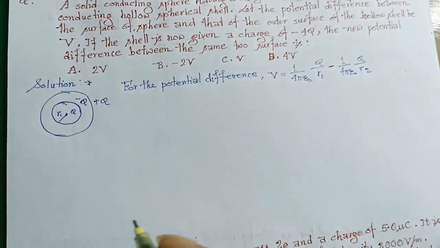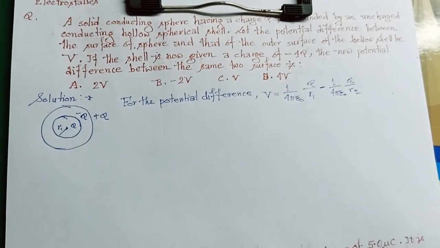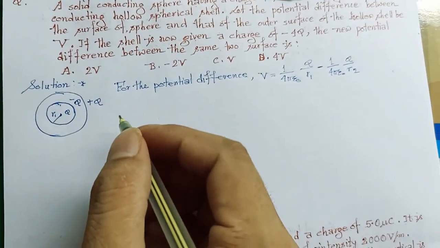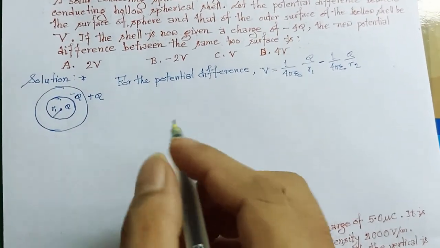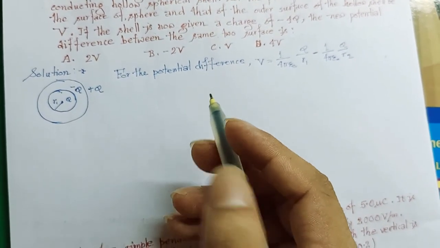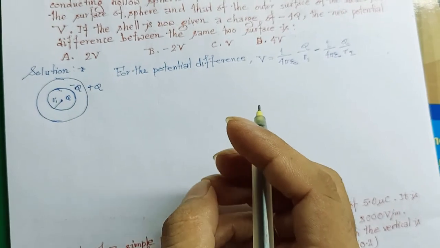If minus 4q is given to the shell, as there is no electric field due to the outer shell, there will be no potential difference.